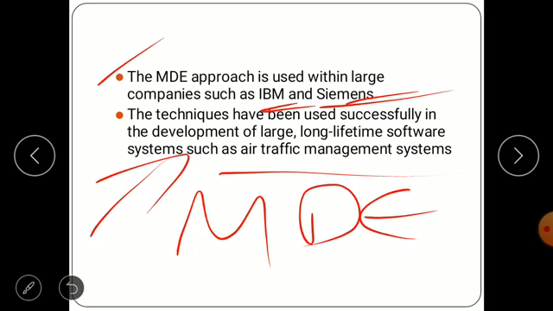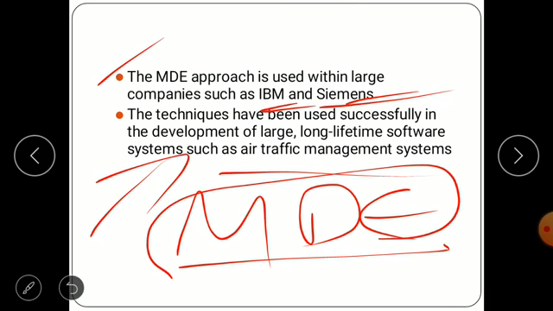Using this MDE, we developed large, long lifetime software systems such as the air traffic management system.